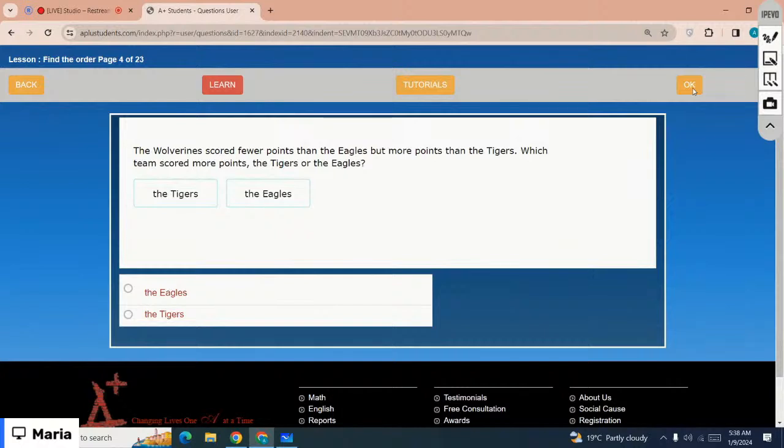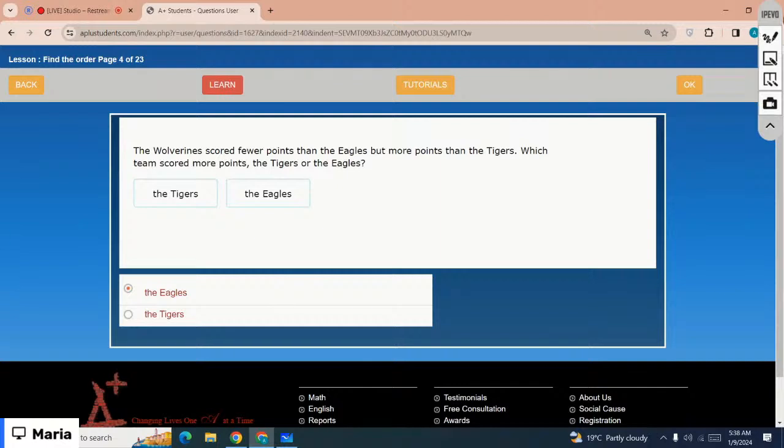Who scored the more points? Eagles scored the more. We'll see how.